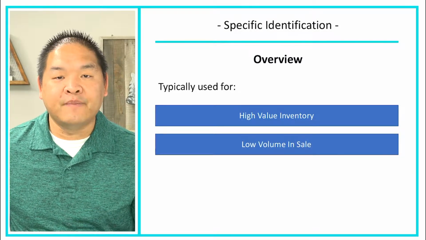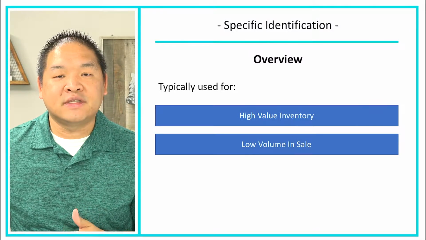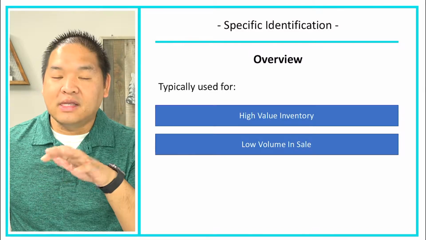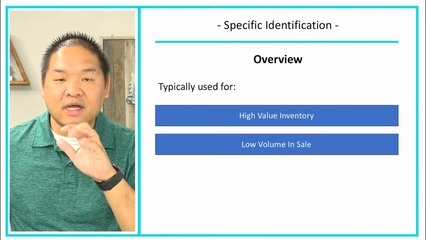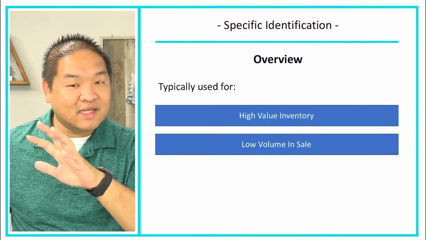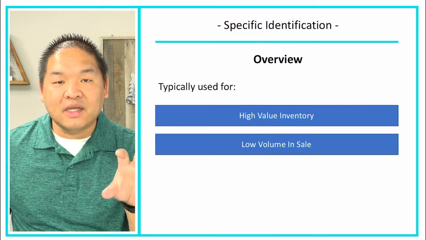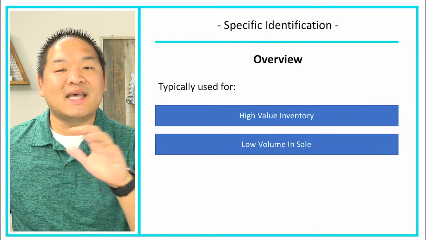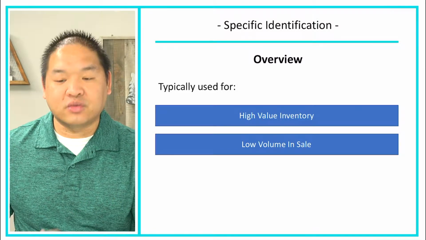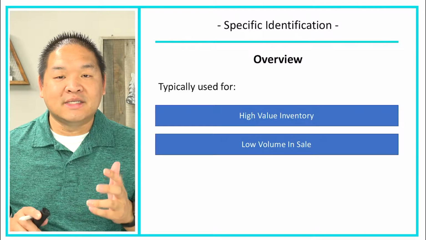So if you think about it, a car dealership doesn't often sell many cars in a day. Now, again, many is a subjective term. Some think one is many, some think 10 is many, but generally speaking, a car dealership doesn't sell so much in a day that they couldn't keep track of it. So that's what we mean by low volume in sales.